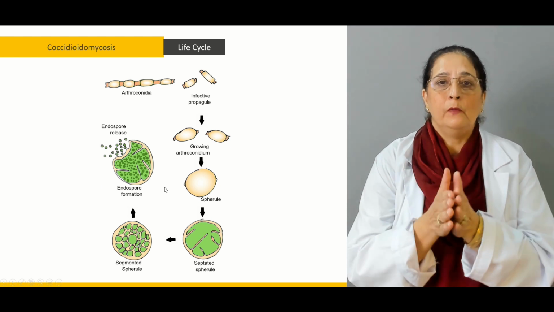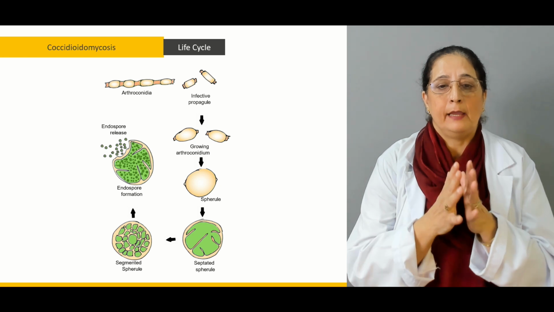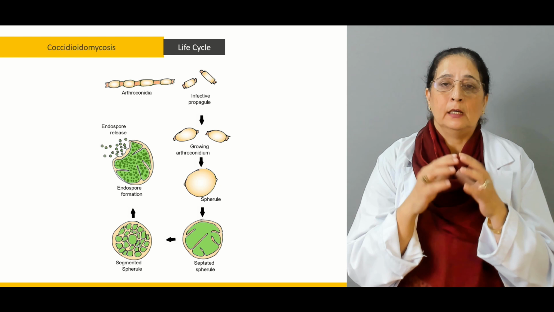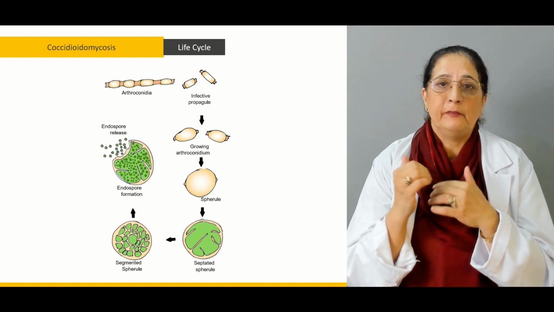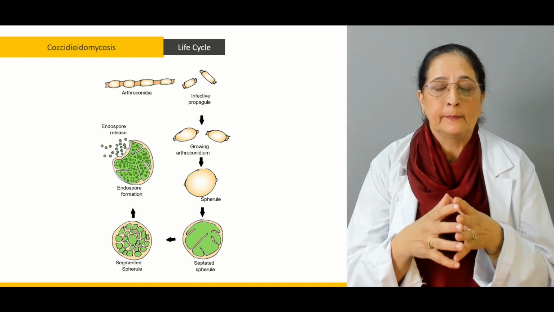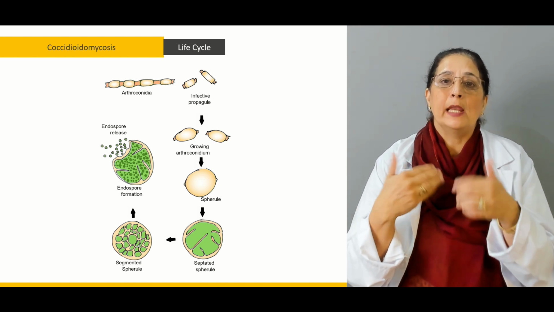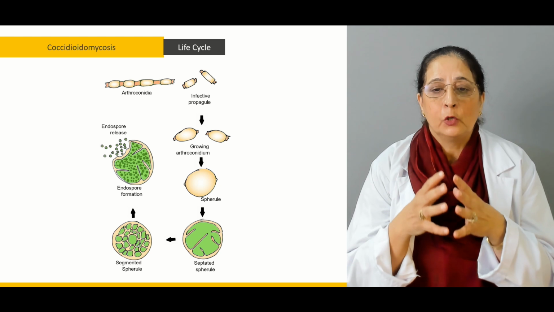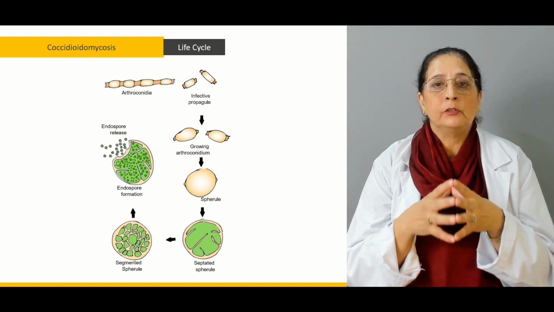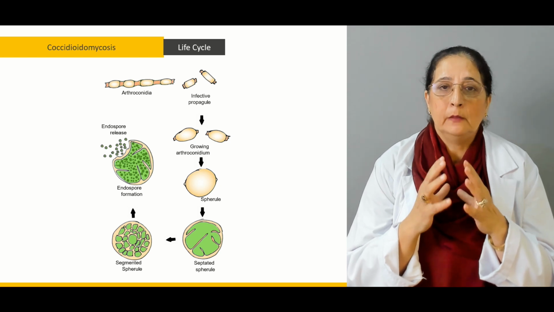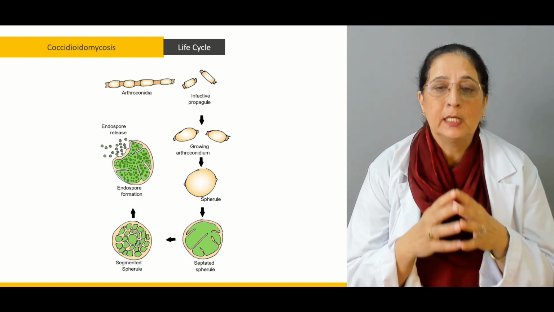So if we go over the life cycle, we have arthroconidia. Arthroconidia form infective propagules. These infective propagules grow and develop and form growing arthroconidium, and these growing arthroconidium form spherules.